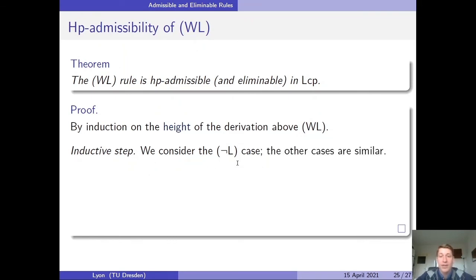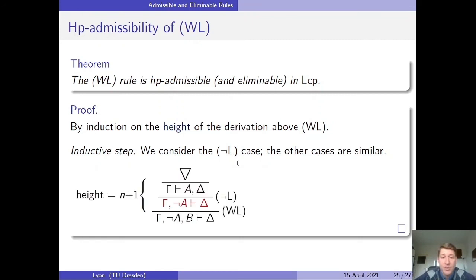And one can show that what I'm about to show you holds in all the rest of the cases, for example, in the implication right case. So we assume that we're given a derivation, and we're doing a case analysis, but I'm just showing this negation left case. We're assuming we have a derivation where the last rule applied before weakening left is this not left rule, negation left rule.